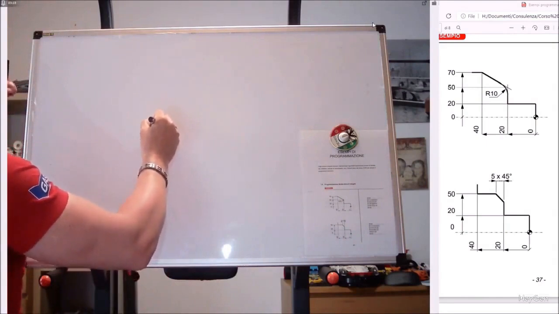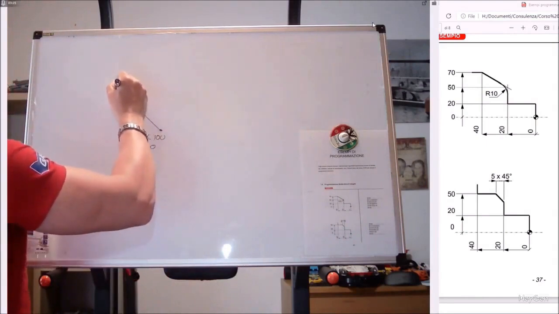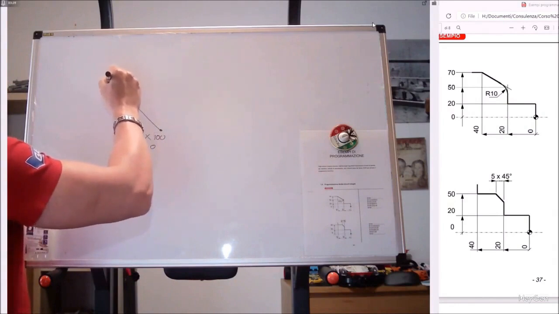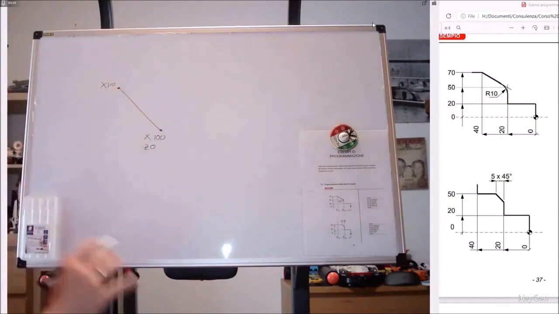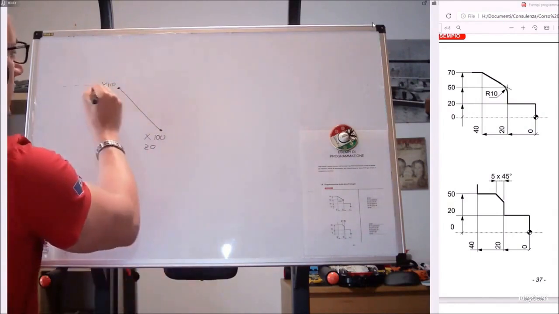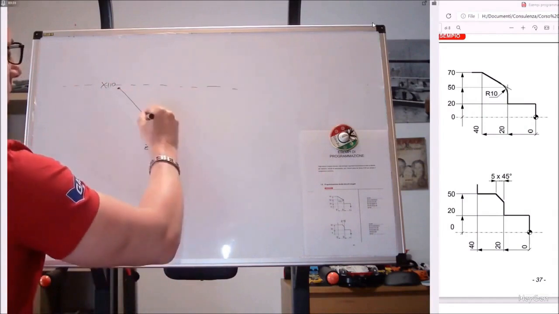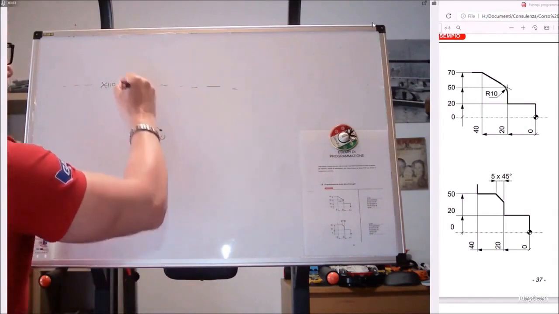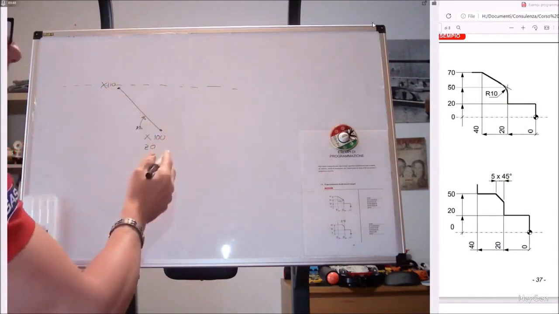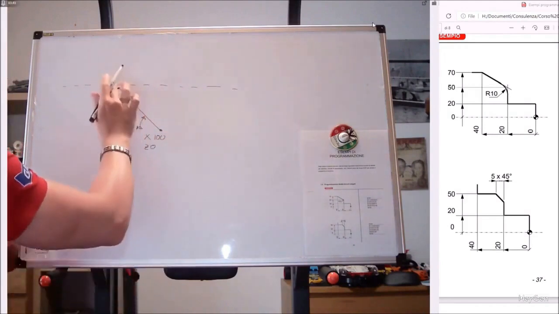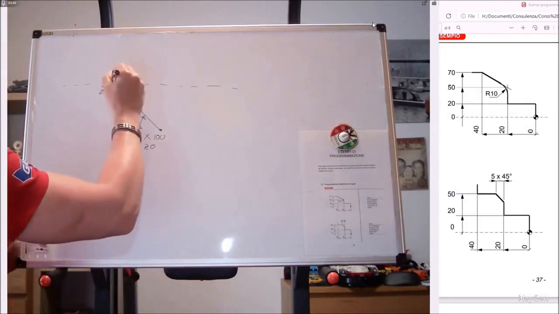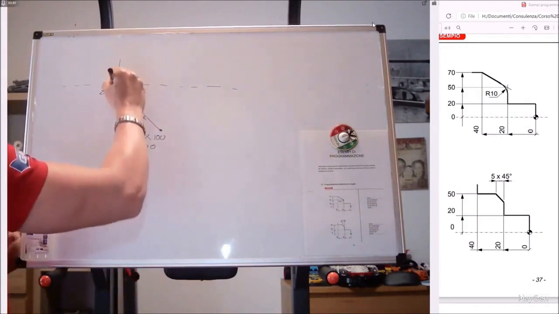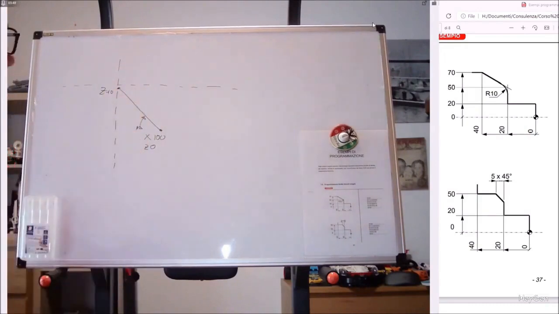But I say I want a chamfer at 45 degrees until X110. The machine starts at 45 degrees and will stop at X110, regardless of the arrival Z, meaning it will have this as a barrier and will be determined by the travel angle and the X where I tell it to stop, or I can tell it the angle is Z minus 10, so it will have this as a barrier in addition to the travel angle.